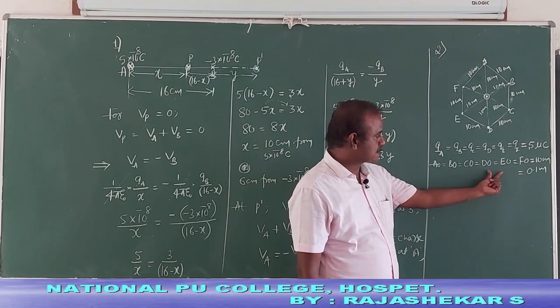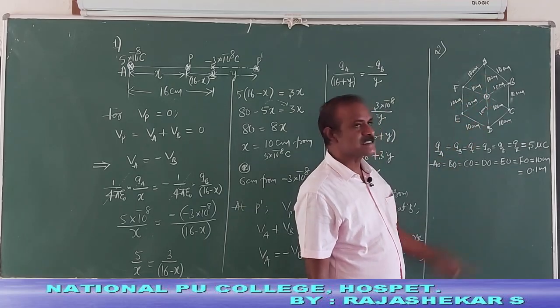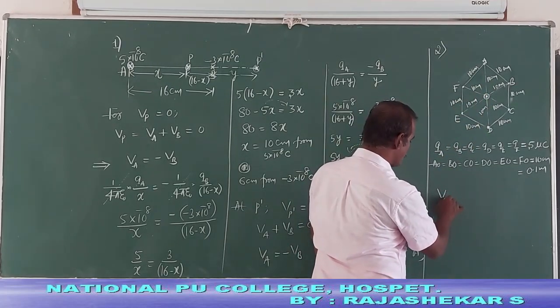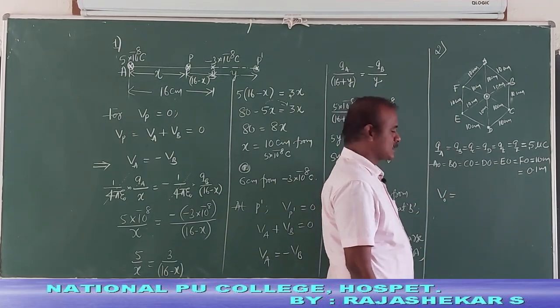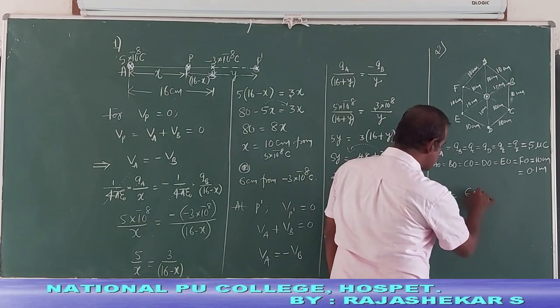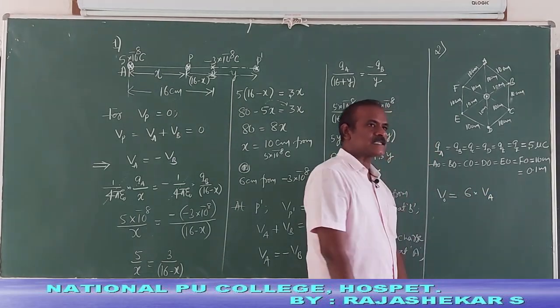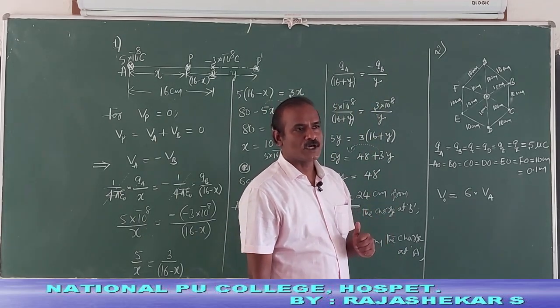Therefore, what is the potential at the center due to 6 charges at the corners? So, we write potential at the center O is equal to sum of the potentials due to all 6 charges, which being identical, is 6 times that due to any one charge, because all are identical charges.